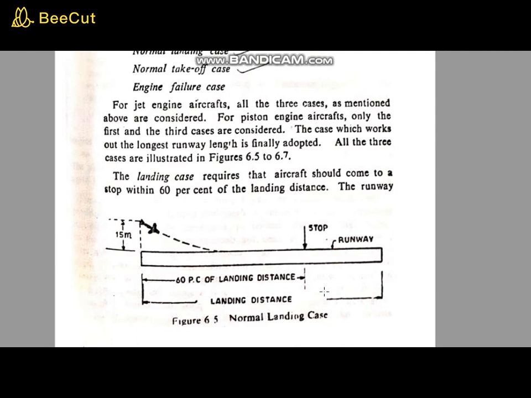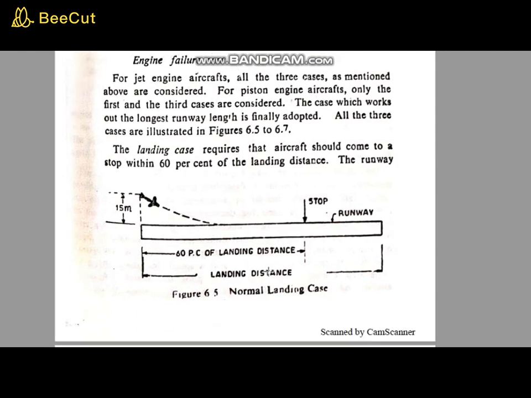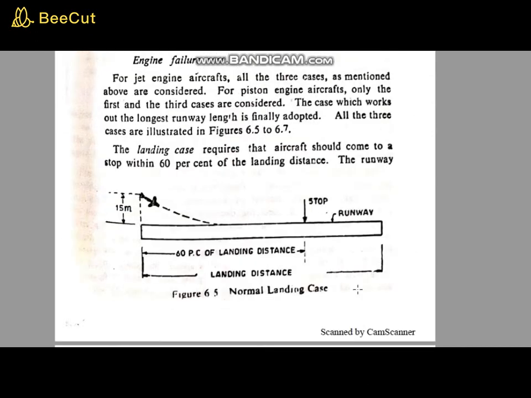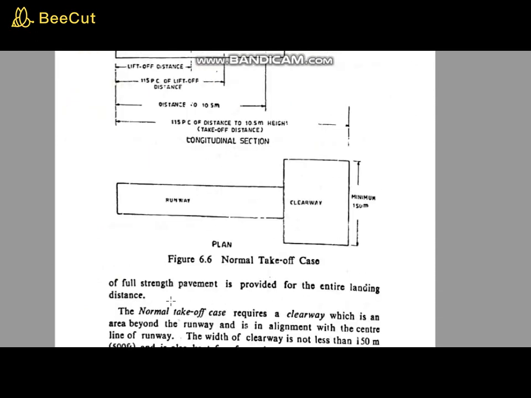Suppose this is our landing distance; it should stop within 60% of the landing distance. The runway of full strength pavement is provided for the entire landing distance.